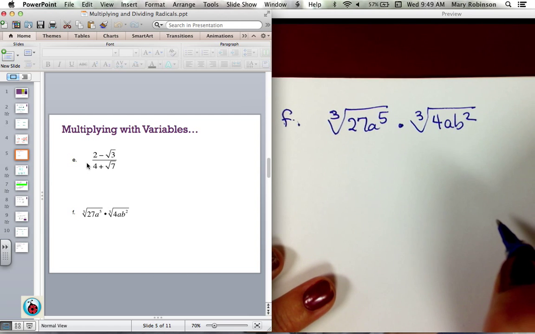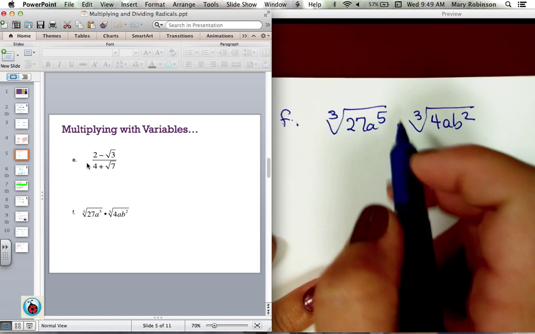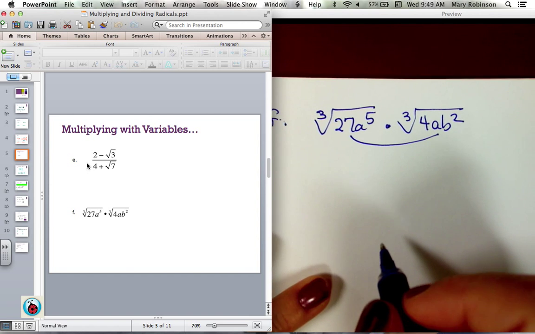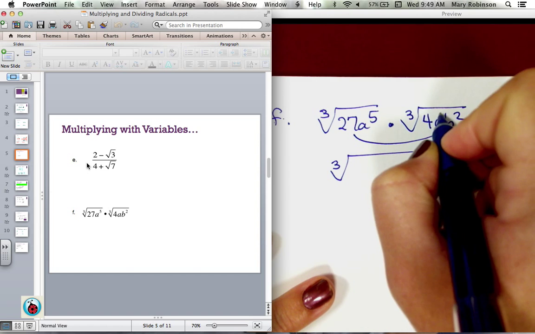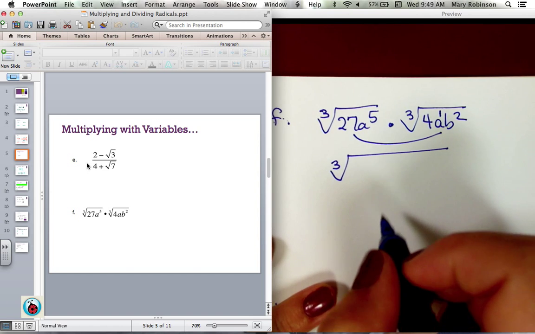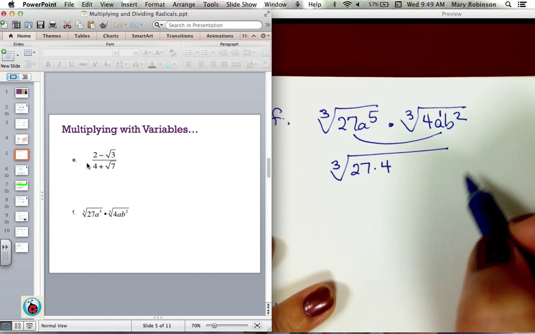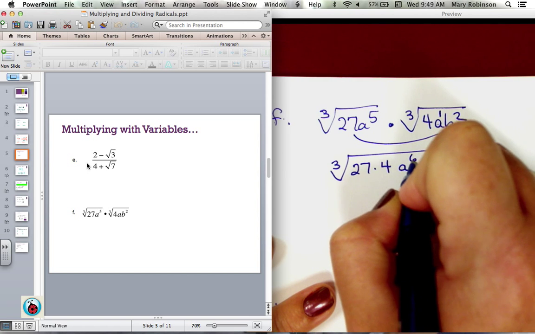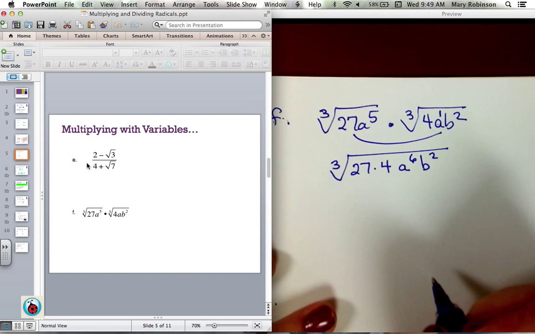Once you have this written down, what you should recognize is that with variables, if you have the same variable, you need to remember from your laws of exponents that we add the exponents of like variables. So I'm simply going to write 27 times 4 because I know I'm going to break it down. But I am going to recognize that I have a to the 6th power and b squared.